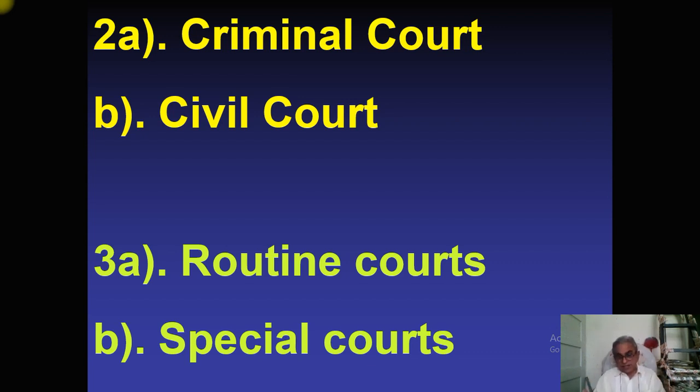Special courts include the courts of speedy trials and the anti-terrorism court. Courts of speedy trials are for heinous crimes in society, such as rape against small children in the past, particularly a case in Kasur. So speedy trial courts are made to deal with heinous crimes occurring in society. Special courts are labor courts, family courts, anti-terrorism courts and speedy trial courts.